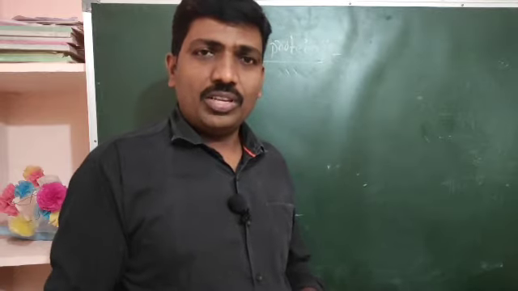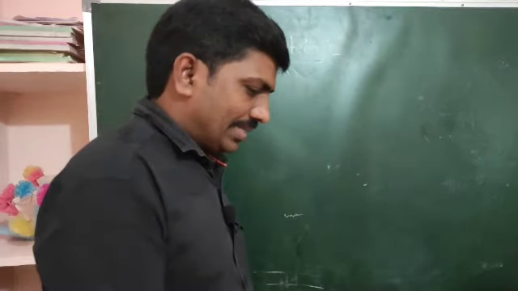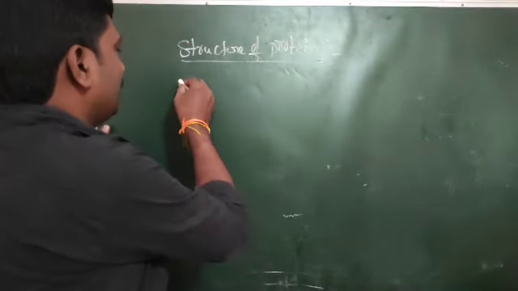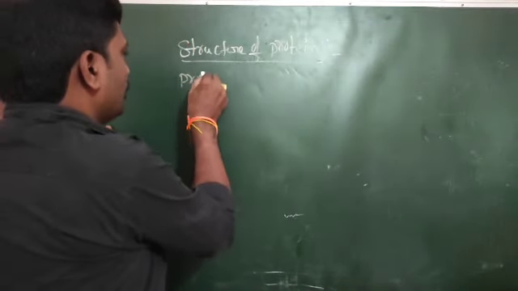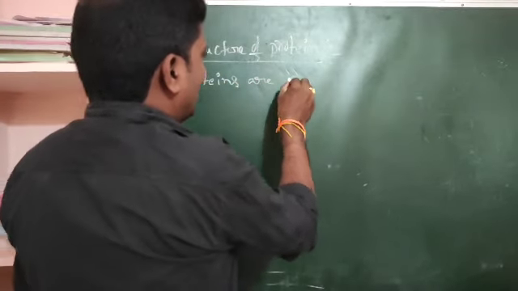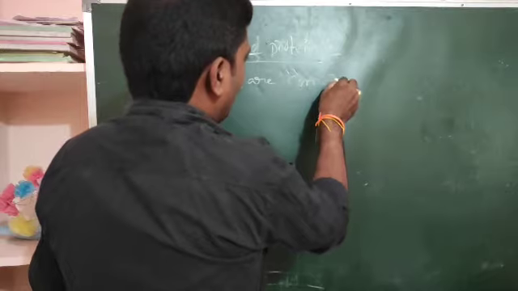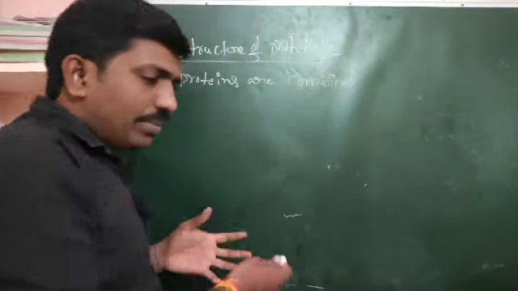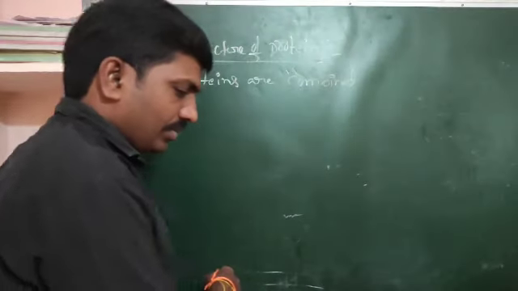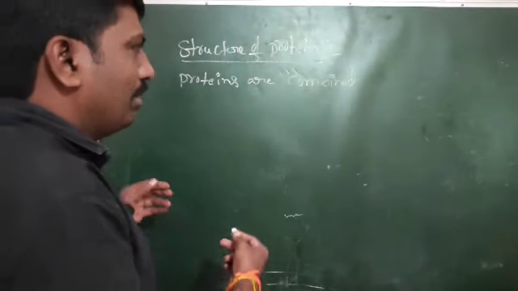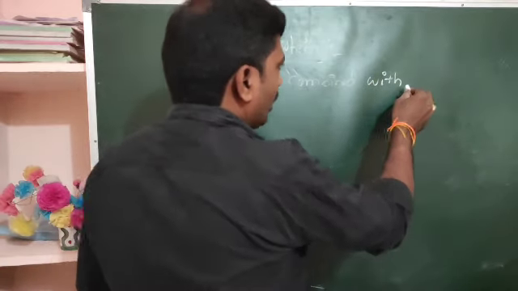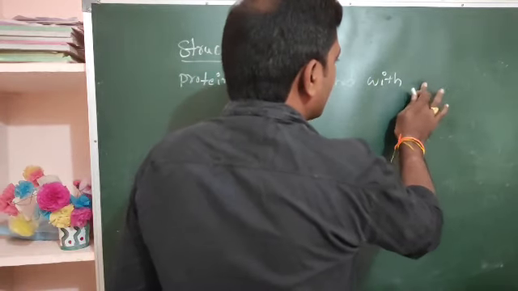Proteins are polymers of alpha amino acids. How are they combined? They are connected with one linkage.